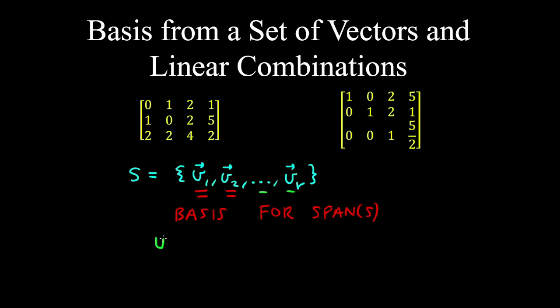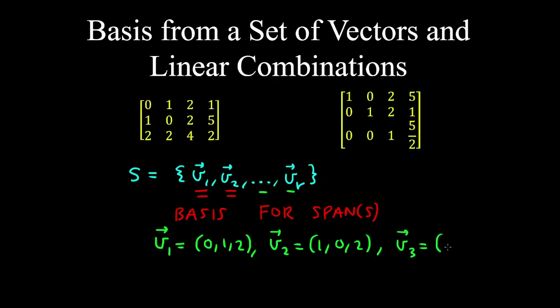So for example, if we have a set of vectors being 0, 1, 2, 1, 0, 2, 2, 2, 4, and 1, 5, 2.